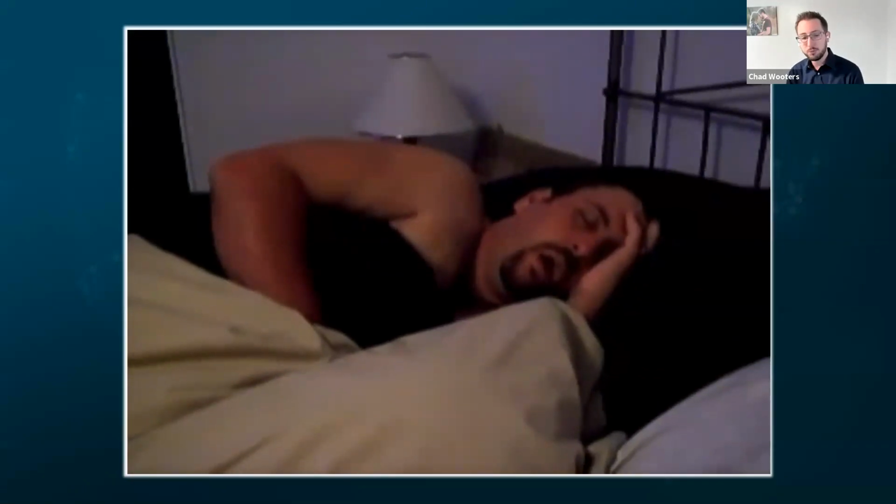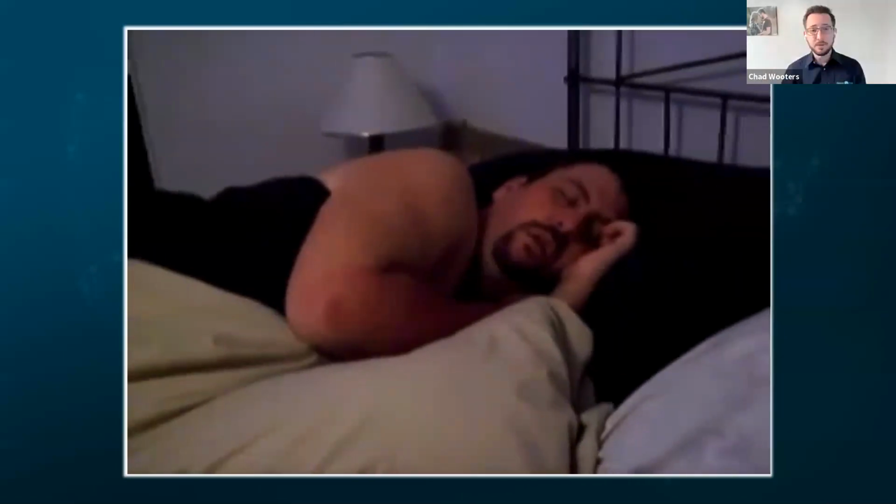Right away, we notice that Nick, it looks like he's breathing. His jaw is moving up and down. And now for the first time, we actually see that he is taking a breath. He moves, his arms are flailing, he's breathing now.